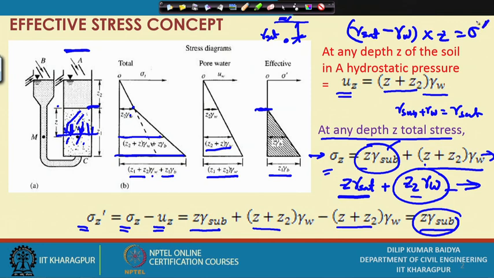So, one can do it two ways. One way is directly as I said. Or I can do gamma saturated into depth as the total, and u into gamma w is the pore pressure, and the difference of these two becomes the effective stress.